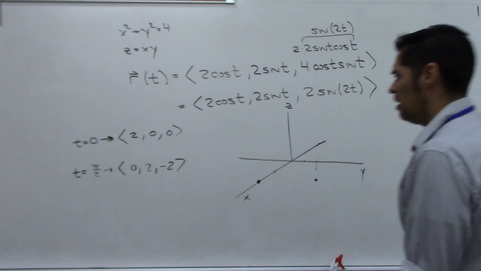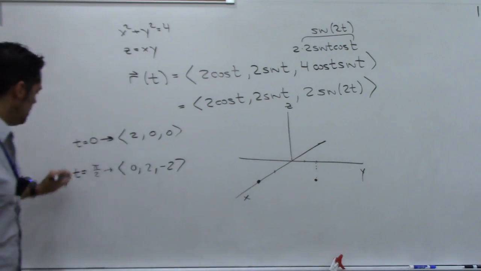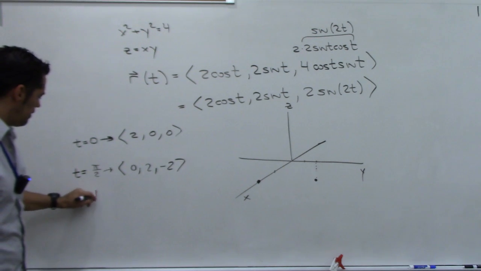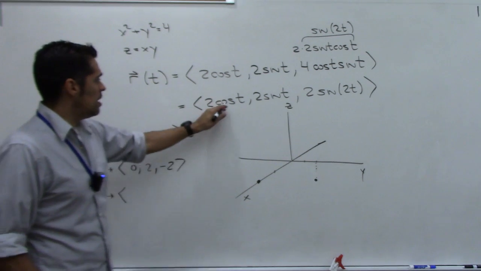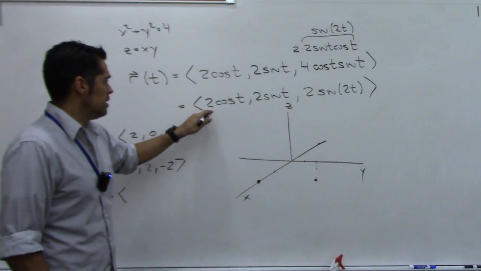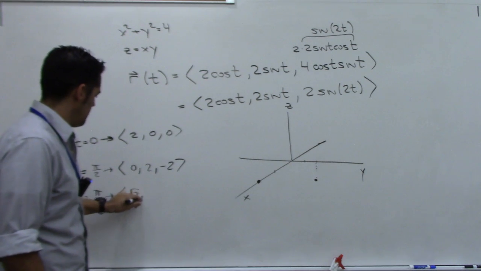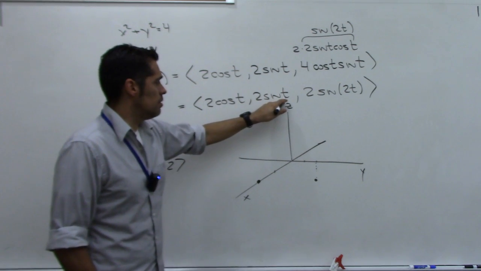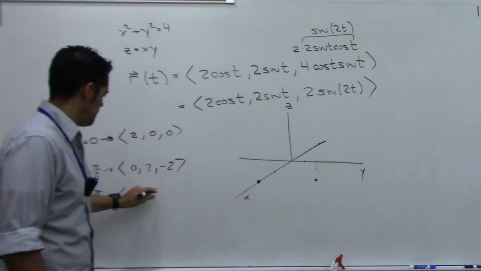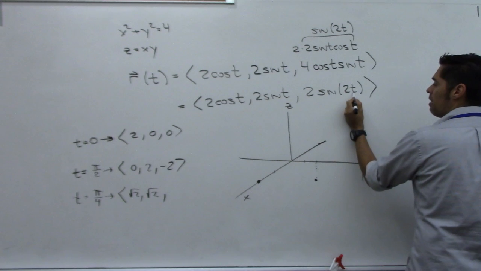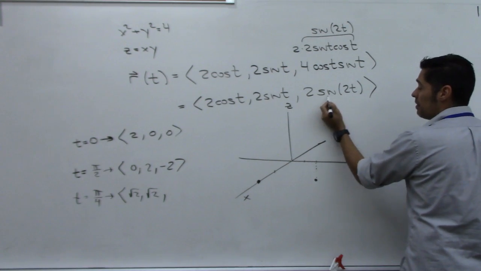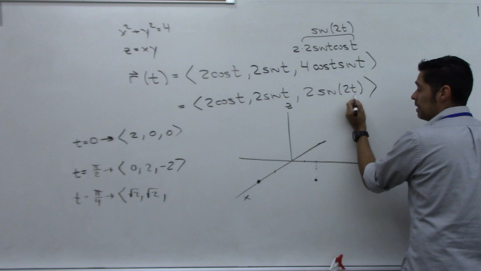Maybe we should take one in between there. How about t is pi over 4? Cosine of pi over 4 is root 2 over 2, times 2 is root 2. And sine of pi over 4 is root 2 over 2, then times 2 is root 2 again. And then pi over 4 right here: 2 times pi over 4 is pi over 2. Sine of pi over 2 is going to be 1. Why did I say sine?